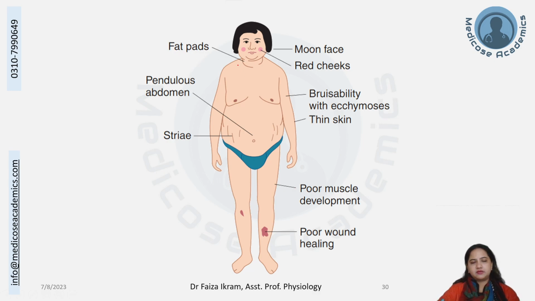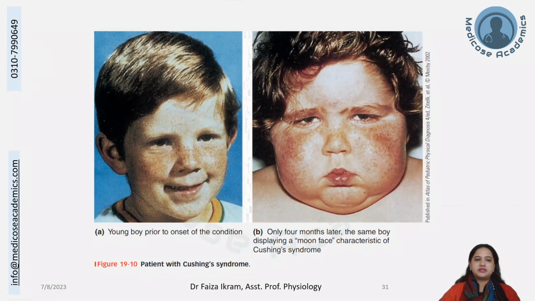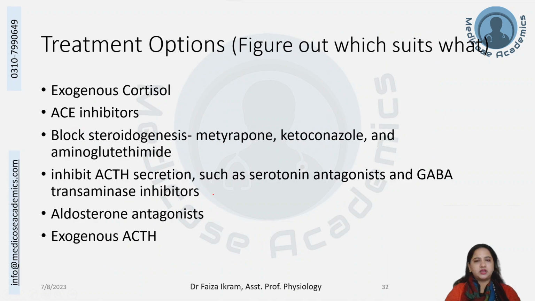Same features: buffalo-like torso, pendulous abdomen, abdominal striae, poor muscle development, poor wound healing, thin skin, bruisability, facial plethora, moon-like face. And this is the picture of an original patient taken from Sherwood Physiology. This is before development of Cushing syndrome, and this is after. You can appreciate the moon-like face and facial plethora over here.